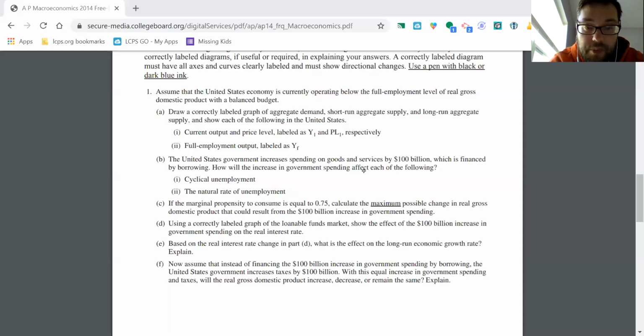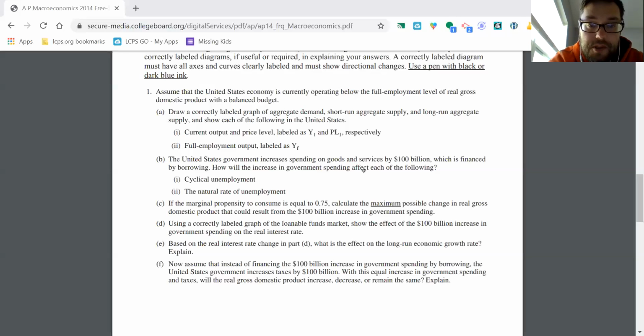We're increasing employment. What factor does this spending, the fiscal policy, have on the NRU, the natural rate of unemployment? No factor. So remember, the NRU is structural plus frictional, right?